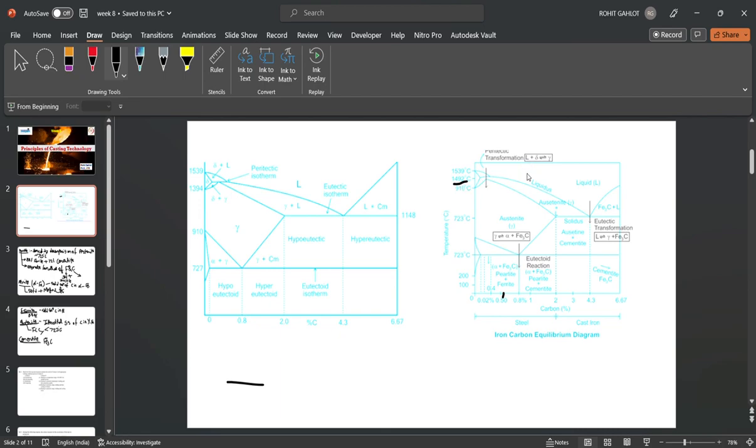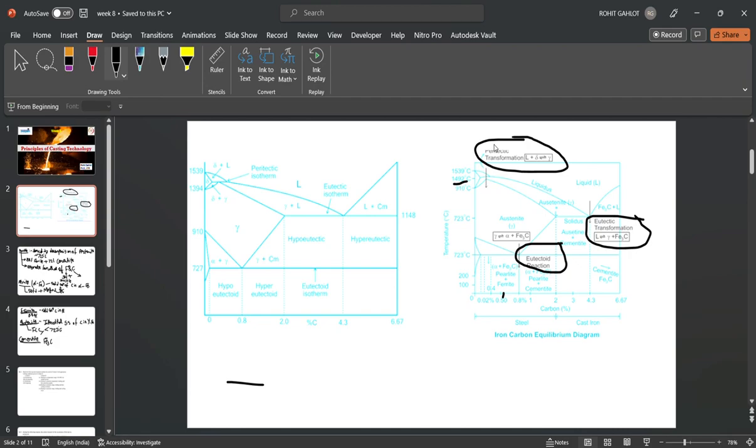I think everyone knows there are generally eutectic transformation, eutectoid transformation, and peritectic transformation, which are highlighted here also. In the theory it is covered which transformation is from liquid to solid, solid to liquid. If you have any doubt, please ask me.